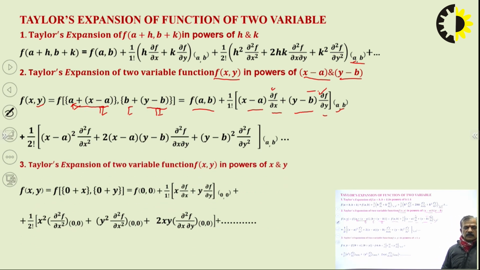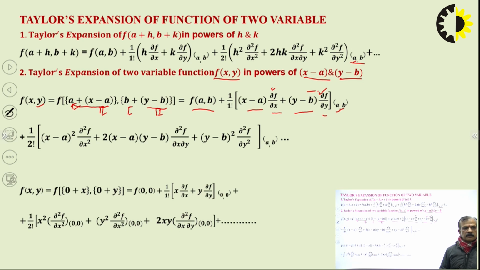Now, we will discuss the third formula, for finding the expansion of a two variable function f of x y in powers of x and y. So, for f of x y, we arrange x and y both as sums of two parts.